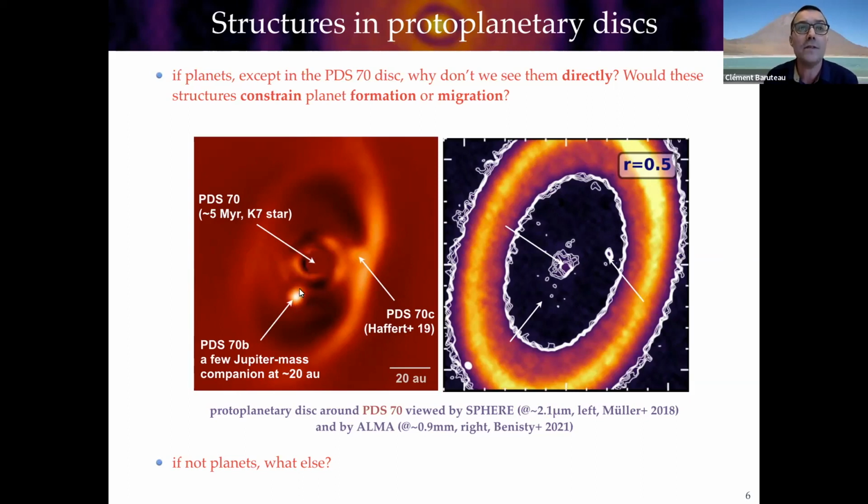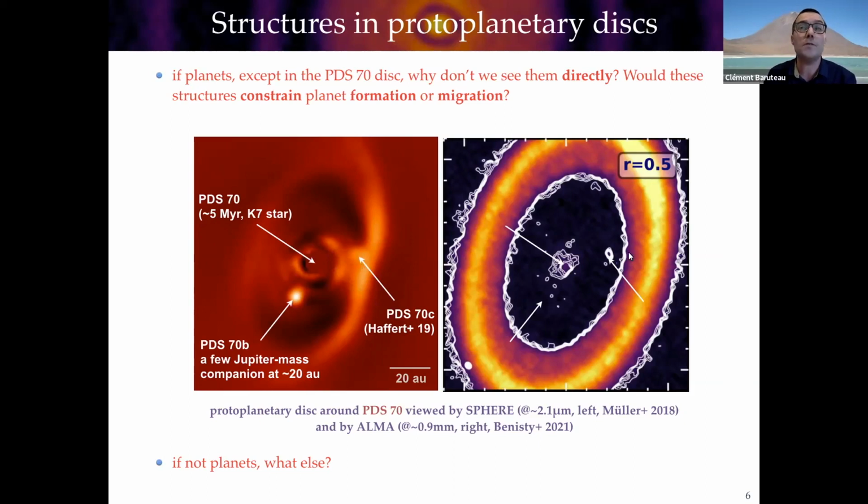And we see at least this emission here, which is coming from the circumplanetary environment, which is presumably arising from a planet which should be a few Jupiter masses, approximately. This is this one here. And there's another structure here, which has to do with the second planet located a little further away.